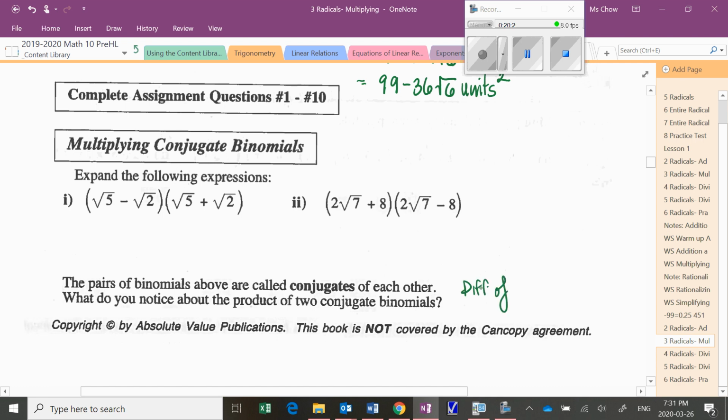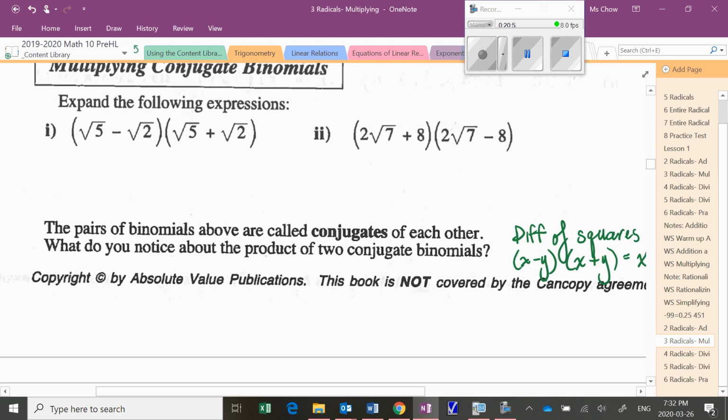If you recall when we were doing polynomials, that was something that looked like x minus y times x plus y. So it appears almost exactly the same, except the sign in the middle is just switched. And when we multiplied those, we ended up with x squared minus y squared. So let's take a look at what happens when we've got conjugate binomials when it comes to radicals then.